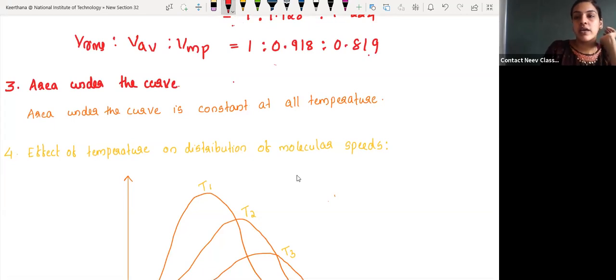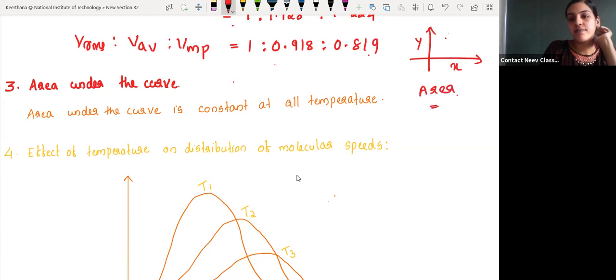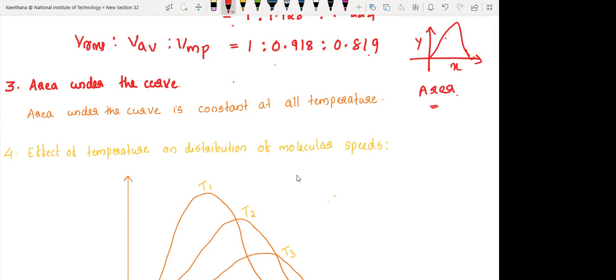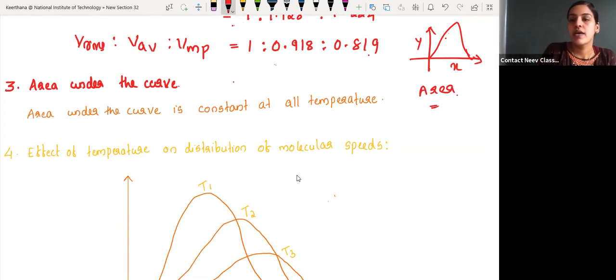And if there is a y and x graph, how will you find the area of this curve? Integration y dx. Integral y dx.